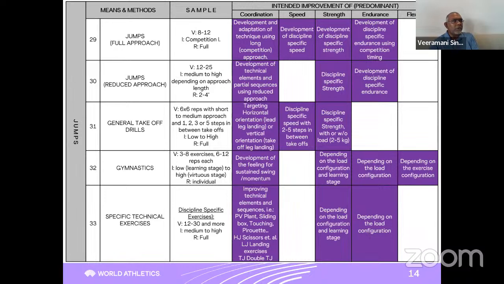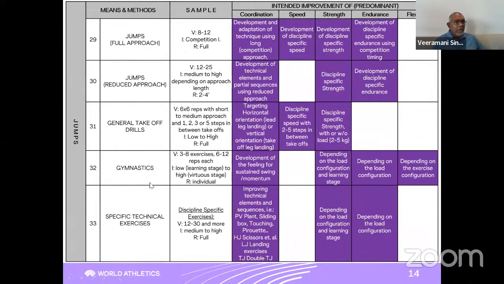General takeoff drills, again, these are all utilization of what we call imitation drills, where we do from short to medium run-ups, anywhere between 1, 2, 3, 4, 5 steps in between takeoffs. So again, short, quick attacks to provide the utilization of what we call imitation drills to bring the technique into action.